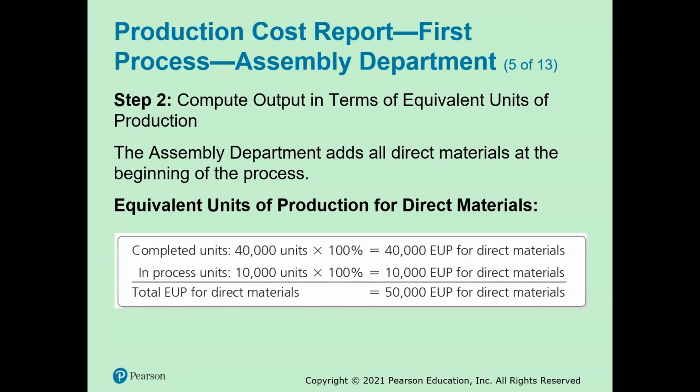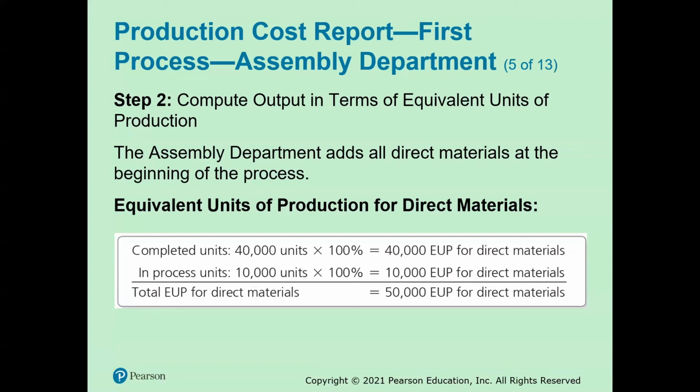The 10,000 puzzle boards are only 25% complete. Equivalent units of production for direct materials total 50,000 because all the direct materials have been added to all 50,000 units worked on during the month of July.